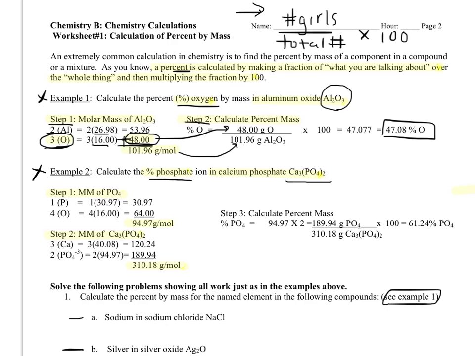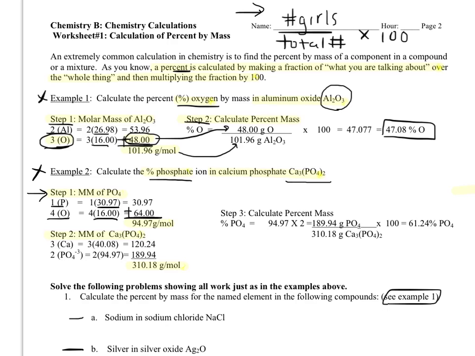The most efficient way to do this, so you don't redo calculations and waste your time, is to calculate the mass of the phosphate, the PO4, first. So that's going to be our step 1. In PO4, you've got 1 phosphorus, it weighs 30.97. You've got 4 oxygens, which each weigh 16. So you add all these numbers together, and you get 94.97.